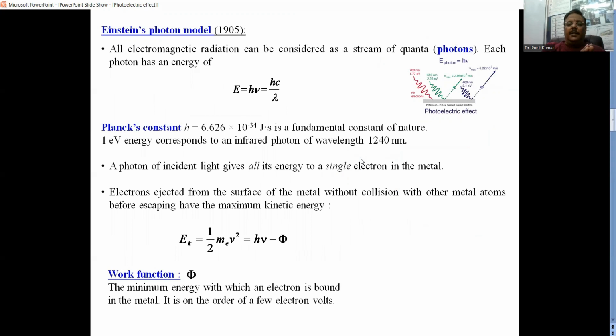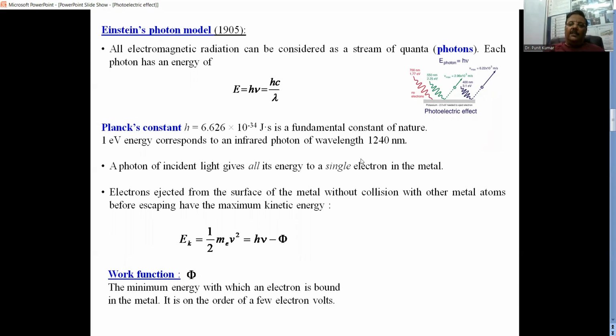So Einstein, after all these experiments, came to a conclusion and postulated in 1905 that all electromagnetic radiation can be considered as quanta, which are bundles of photons, and each photon has an energy given as hν, which is equal to hc/λ, where h is Planck's constant, whose numerical value is 6.6 × 10⁻³⁴ joule-second.